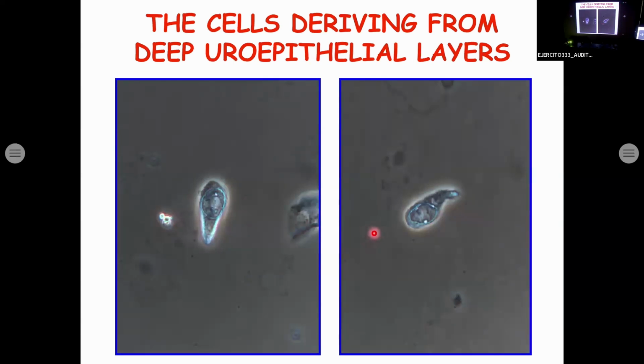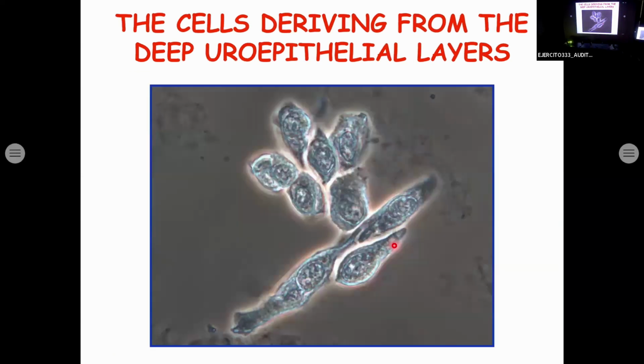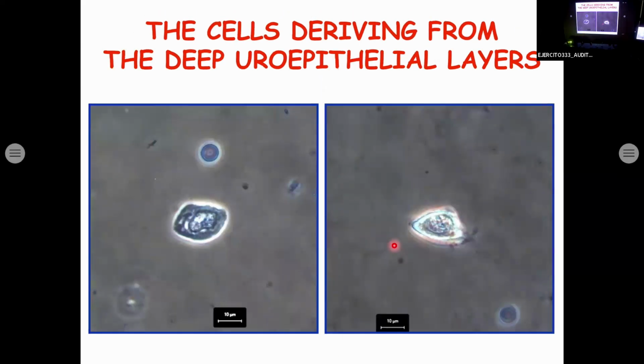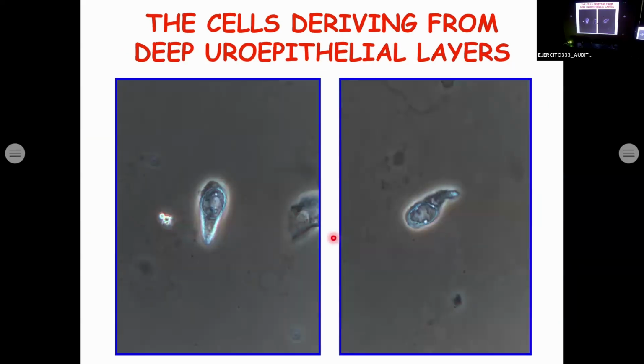Another example. So we have in the previous images oval, sometimes, let's say, oval cells. Here in the next one, we have club-like cells, which are very common as deep uroepithelial cells.